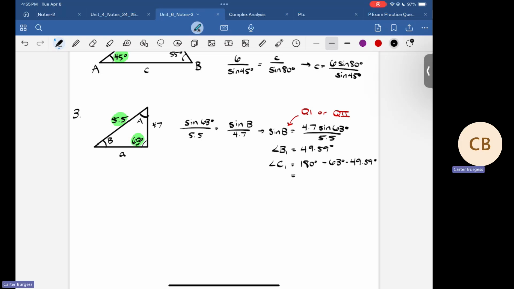That is going to give us, sorry, this is about 67.41 degrees. Does that feel right?